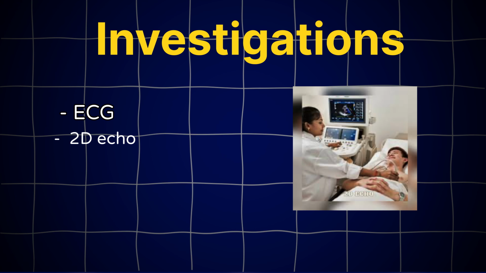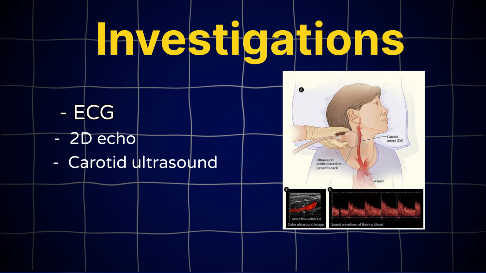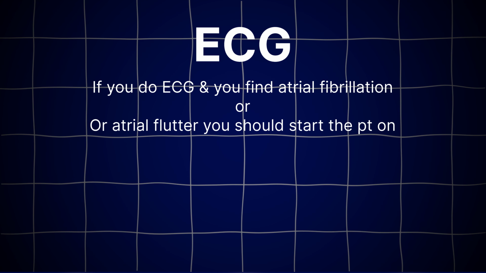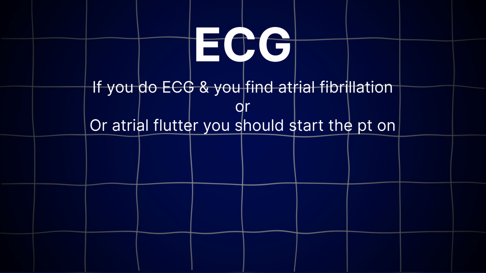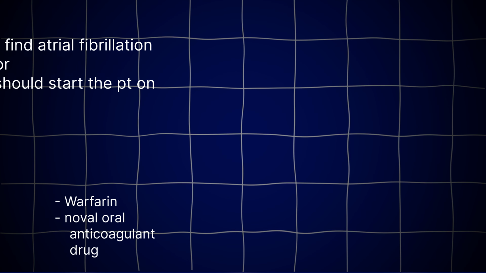You can go for echo to look for clots, and you can go for carotid ultrasound to look for atherosclerosis in the blood vessels. If you do ECG and find atrial fibrillation or atrial flutter, you will have to start the patient on anticoagulants. In anticoagulants, you can give warfarin or any other novel oral anticoagulant drug.